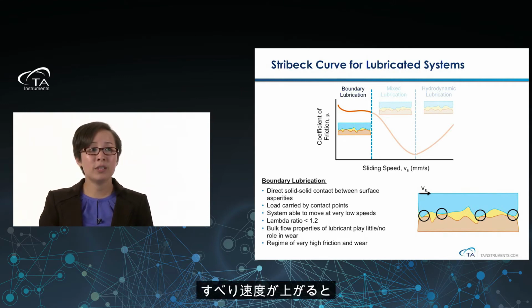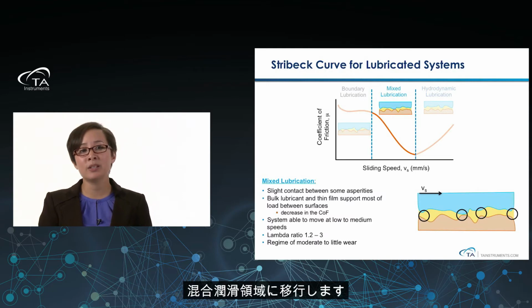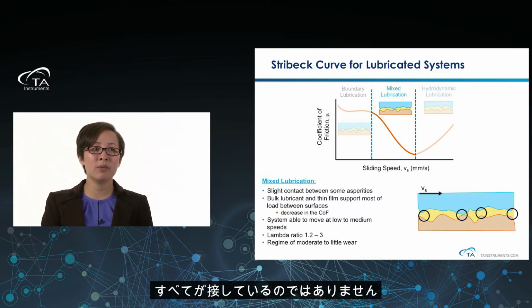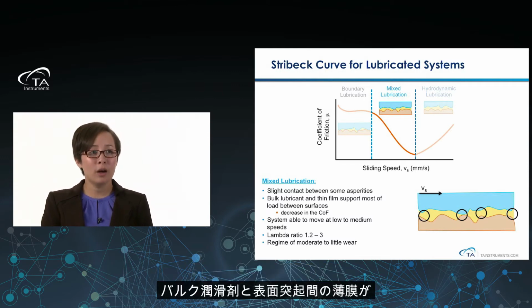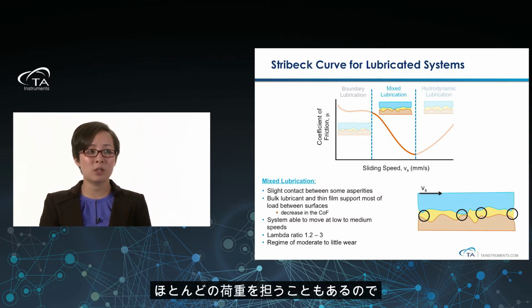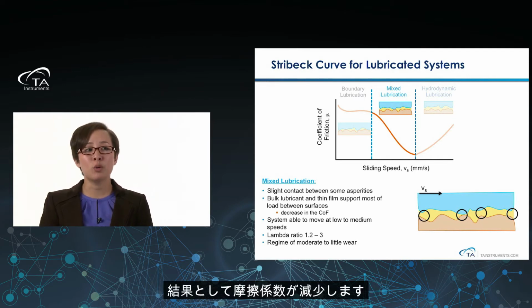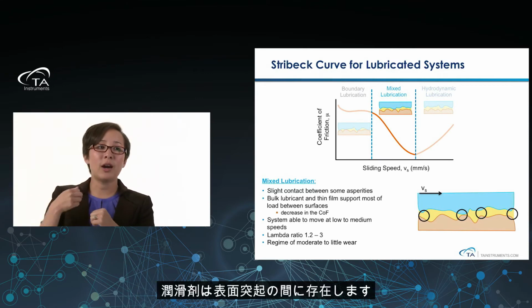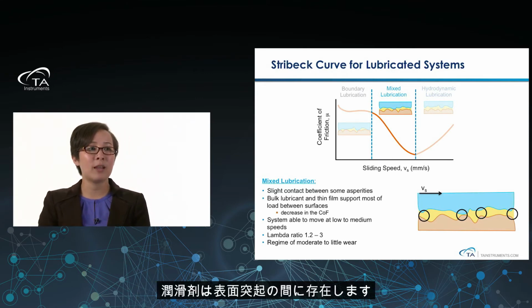Now, if we start moving to higher sliding speeds, we can start moving into the mixed lubrication regime. In this case, you have a little bit of contact between some of the asperities, but not all of them. Sometimes the bulk lubricant and the thin film between these surface asperities is going to be supporting most of the load. So you end up seeing a decrease in the coefficient of friction, because now the surface asperities aren't scraping past one another. They actually have a lubricant in between them.